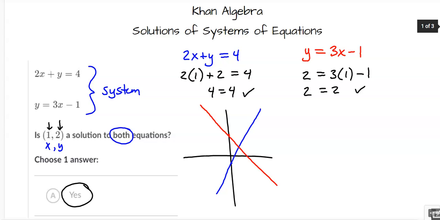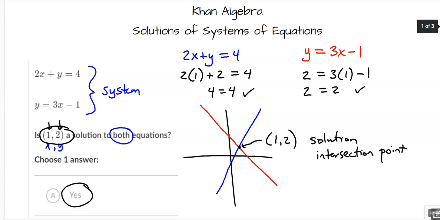Well, what this means, this solution, not only do you plug it into both equations and it's true, it's actually the intersection point. So I just want to plant the seed that (1, 2) is a solution, but graphically it looks like the intersection point of the two lines. So I'm just planting the seed for further lessons.